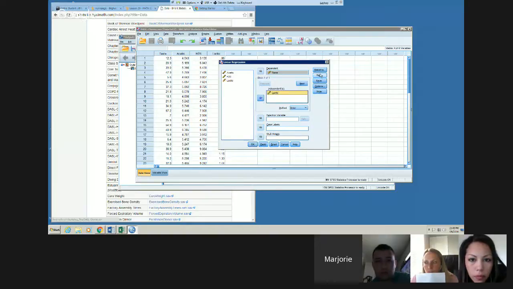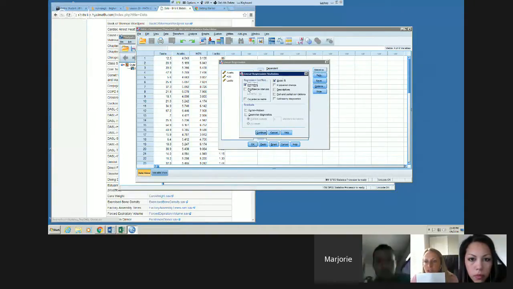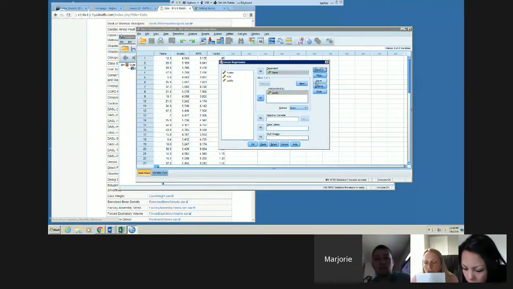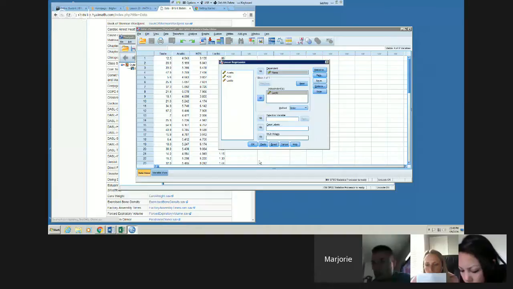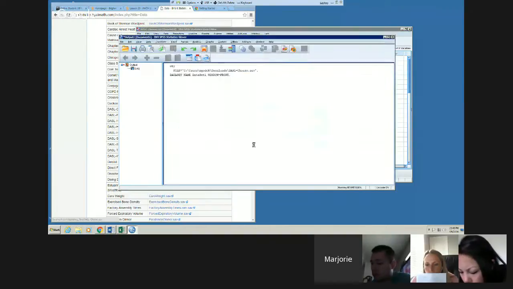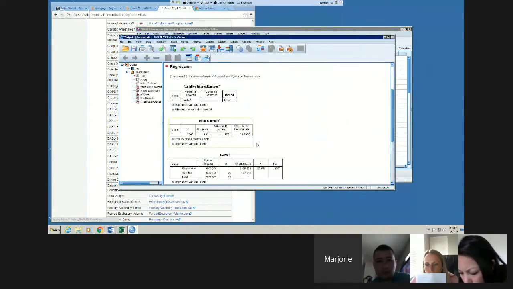Okay, do I need to do anything over here? Yes, go to save. And then on save you check the unstandardized. Okay, and then I do the graphs.